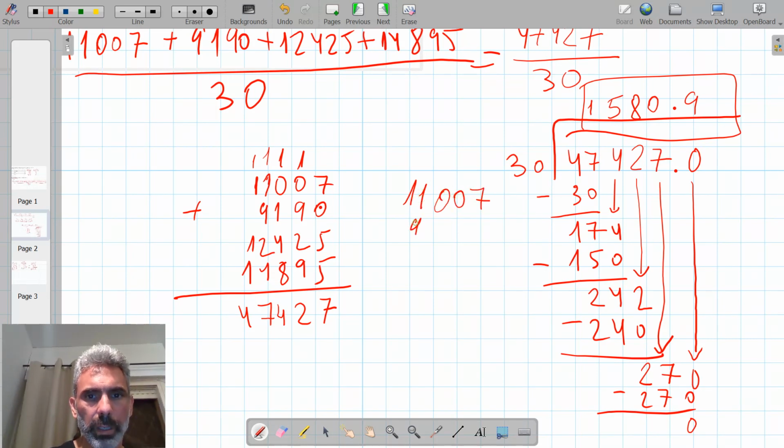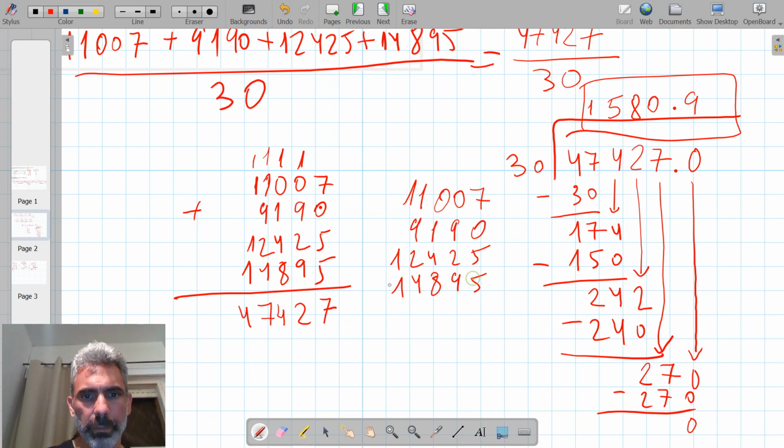11,007, 9,190, 12,425, and 14,895. 7 plus 5 is 12. 12 plus 5 is 17. 1 plus 9 is 10. 10 plus 2 is 11. 11 plus 9 is 20.